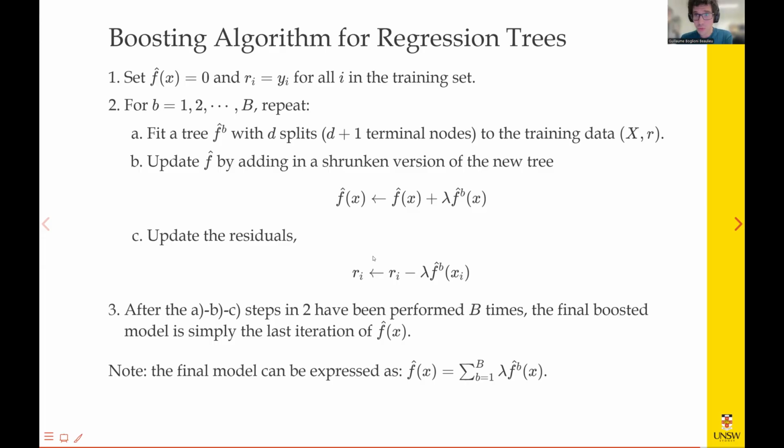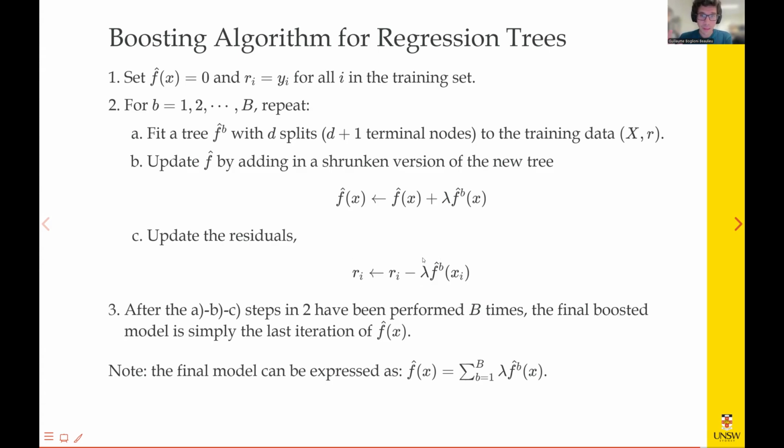Then we update the residuals, and same thing. The residuals are only slightly updated, because recall, now the residuals are our response that we fit with the tree model, so our fit is now f hat b. Now the new updated residual will be the old residual, to which we subtract the prediction made by the model, but the shrunken prediction. This is why there's a lambda in front here.